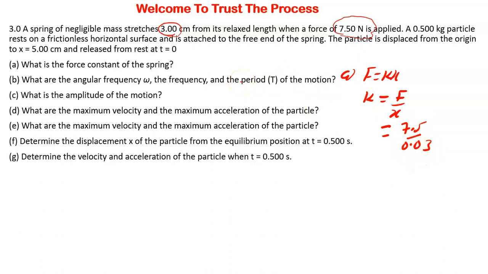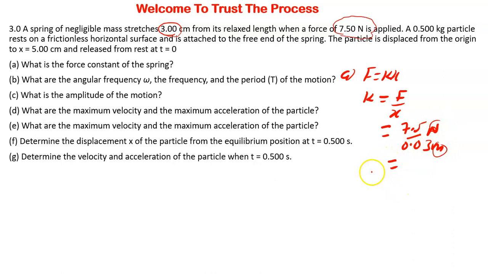When you convert 3 centimeters into meters, you have 0.03 meters. So this is how you find the spring constant, and clearly it can be seen that the spring constant is measured in Newton per meter.